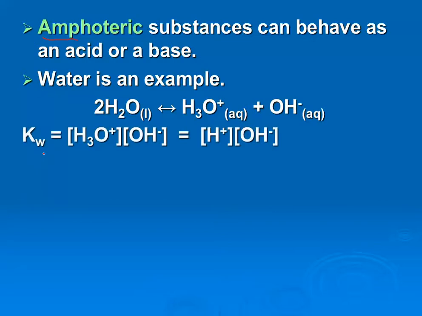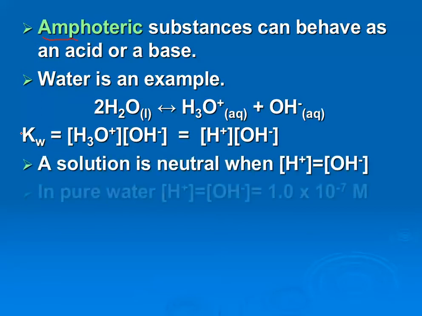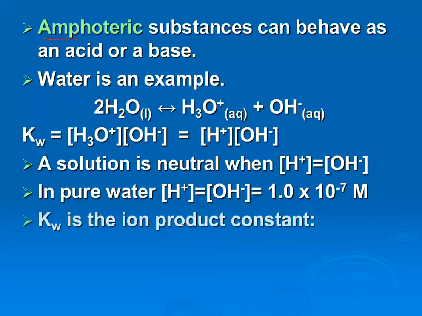What scientists have discovered is that in water, they've measured the concentrations of these hydronium and hydroxide ions that are present, and that's where we get this Kw, the water equilibrium constant, if you will. It's called the ion product constant. If you see that down here, that's the name of this Kw.